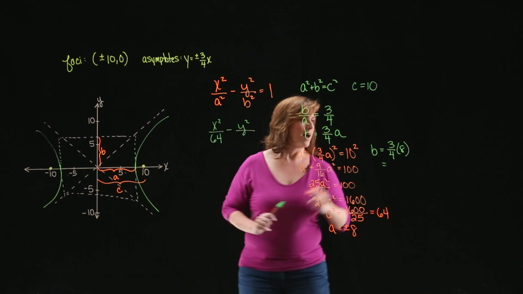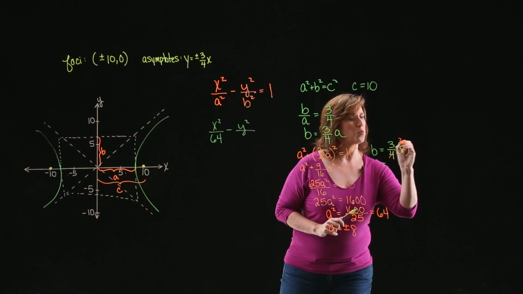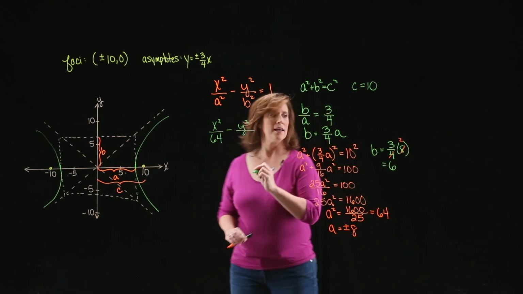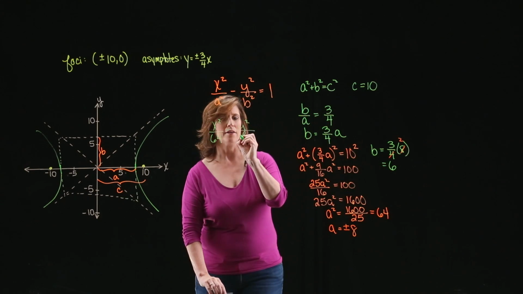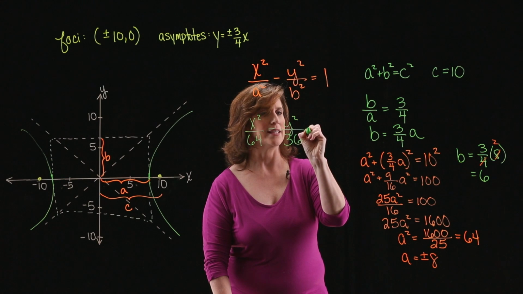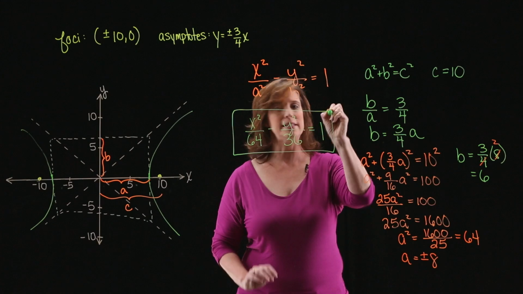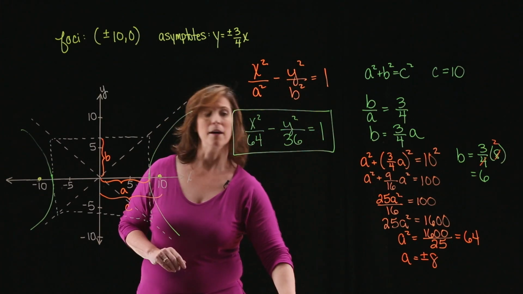And I know that 4 goes into 8 twice, so b is 6. And 6 squared is 36. So that's going to be the standard form of my hyperbola.